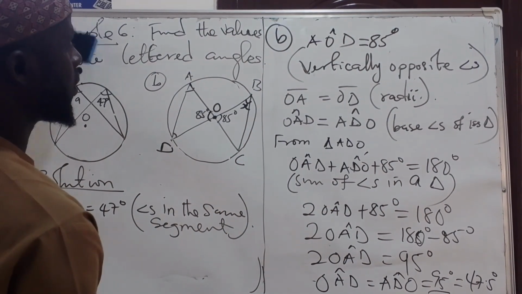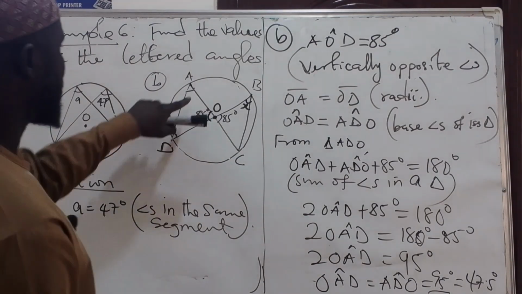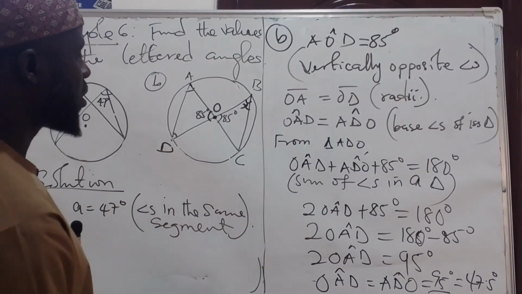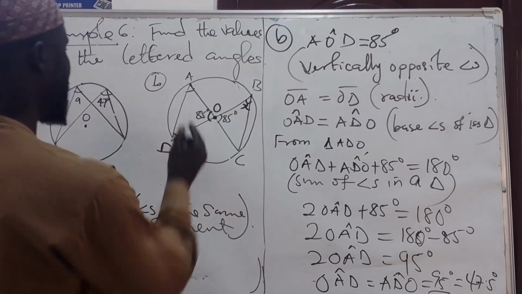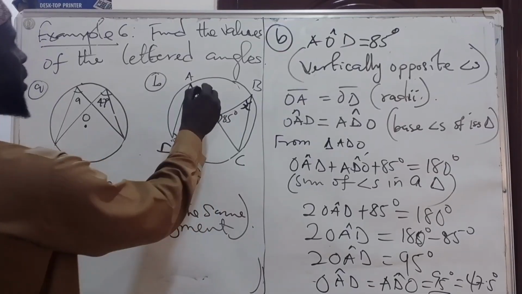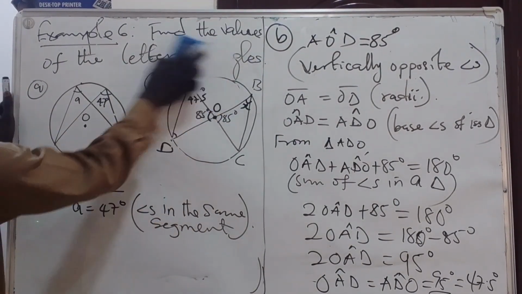So what are we looking for? Meaning this angle is 47.5 degrees. So x is also 47.5 degrees.